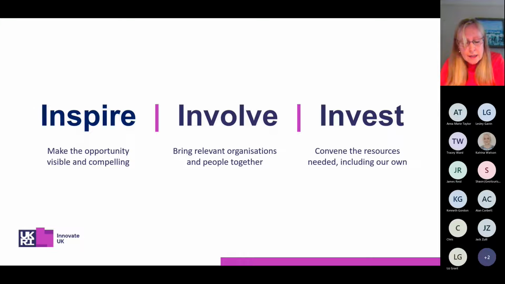And of course, it's to invest, and that's what we mean in terms of convening resources. So those are resources of our own, but also of others. Now that can involve grants, loans, and sometimes also attracting private investment for match funding. So this support is delivered through different parts of Innovate UK. Next slide, please.